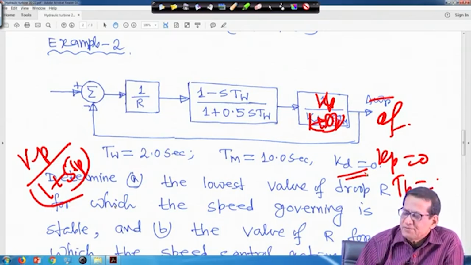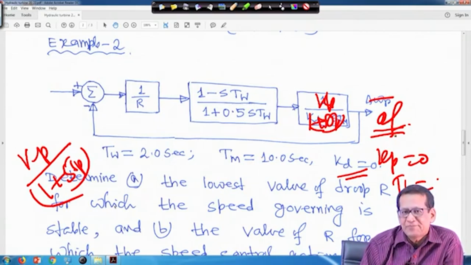But otherwise, if you take Kp upon 1 plus sTp, absolutely no problem, but at that time it will be delta F. So, the results and whatever else you will get, the philosophy will remain the same, right.